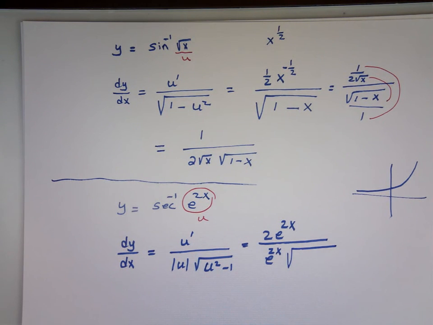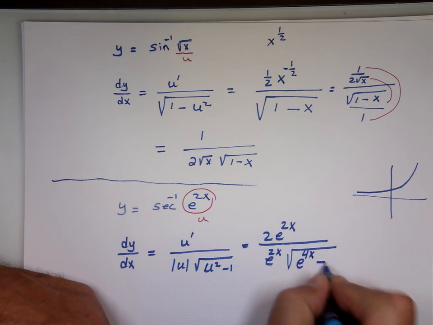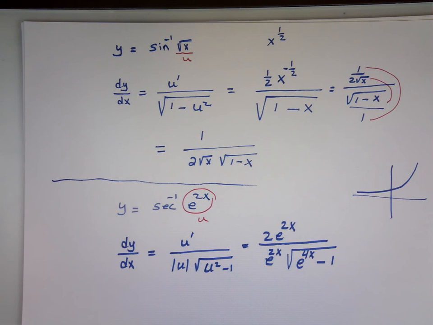When you multiply, what do you do with the exponent? You add them. So what's 2x plus 2x? That'll be e to the 4x minus the 1. E to the 2x times e to the 2x is not e to the 4x squared. When you multiply, you keep the base and add the exponents. 2x and 2x is 4x.